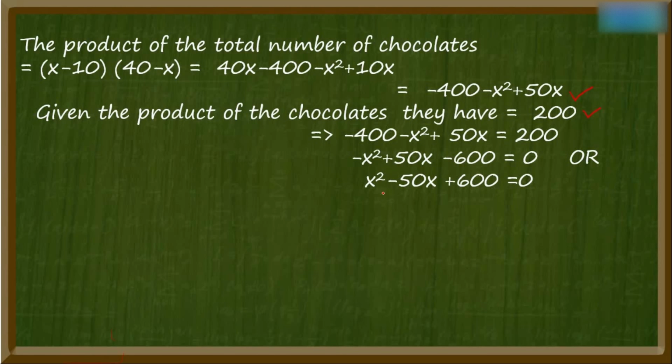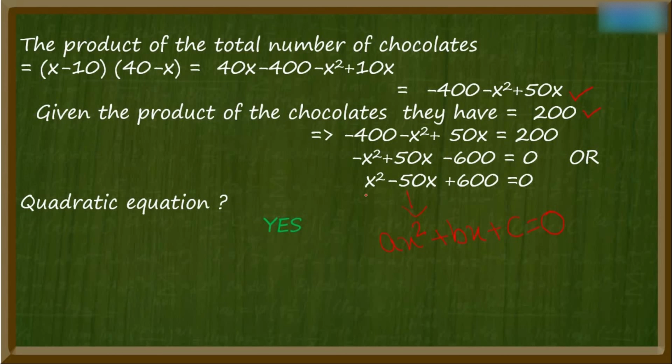Finally, I'm going to have x square minus 50x plus 600 is equal to 0. Can we say x square minus 50x plus 600 equal to 0 is a quadratic equation? Yes, it is a quadratic equation, because it is in the form of ax square plus bx plus c is equal to 0.